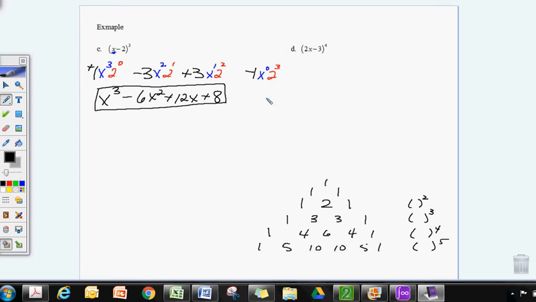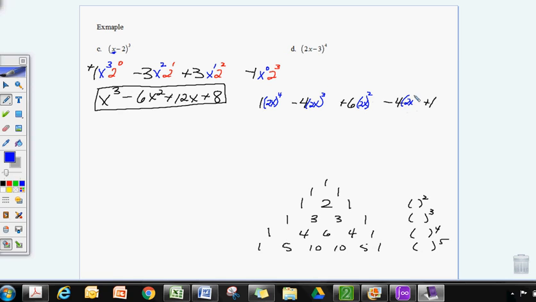Add it on to 6 times 2 to the second is 4 times 3 to the second is 9, and that's 216x squared. Subtract 4 times 2 times 3 to the third is 27. That should be another 216x. And then this last one is 3 to the fourth power, which is 81.